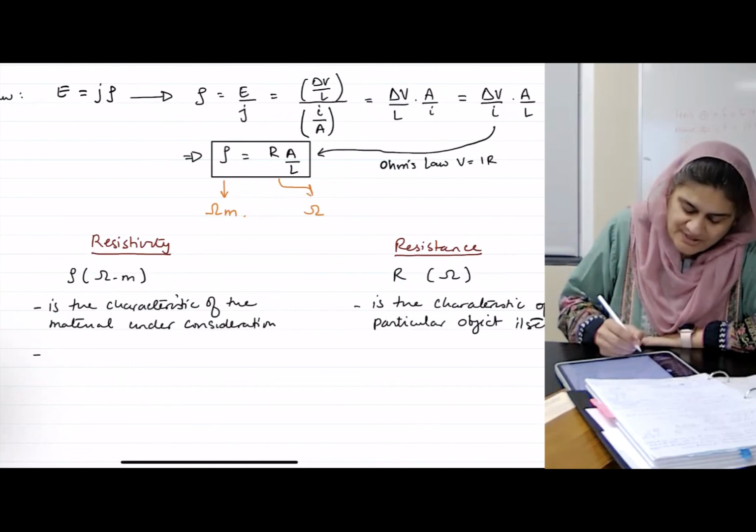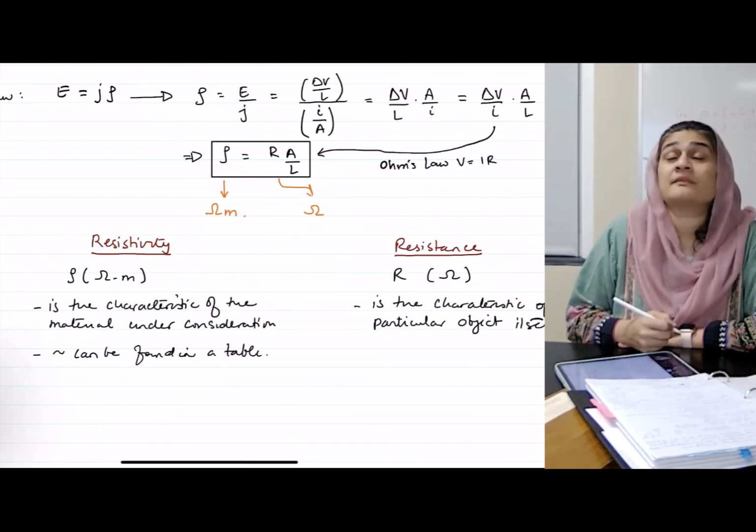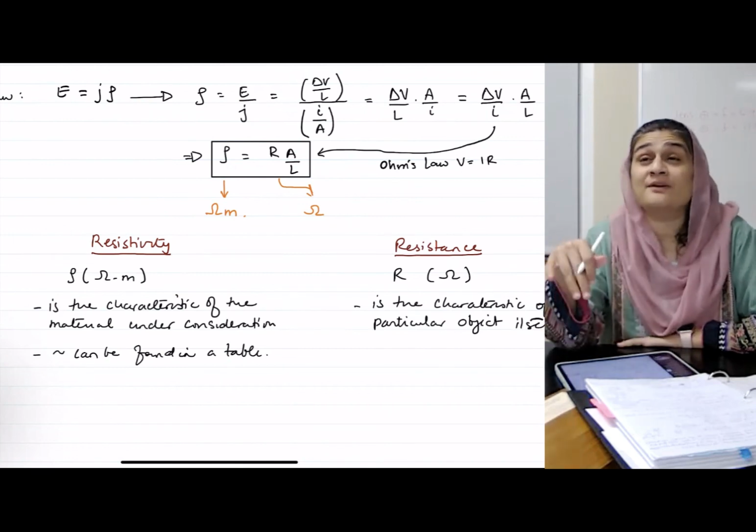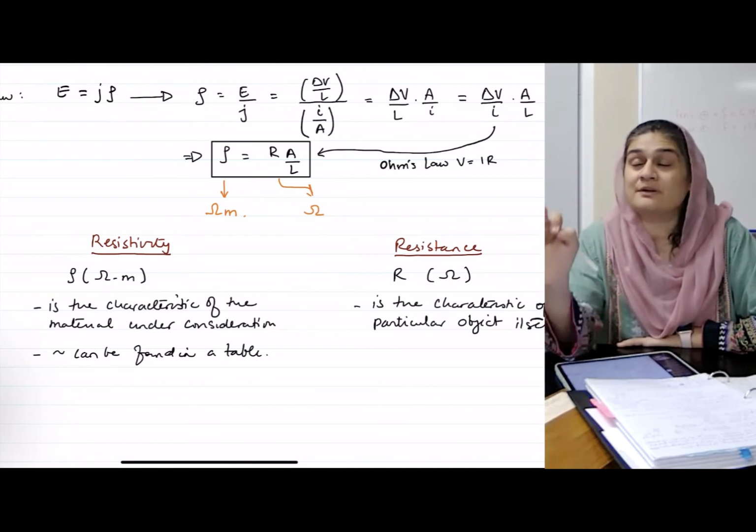In most cases, resistivity can be found in a table. People have done those calculations for you. They put it in the table. For every single material that you have, you can find the value of resistivity.